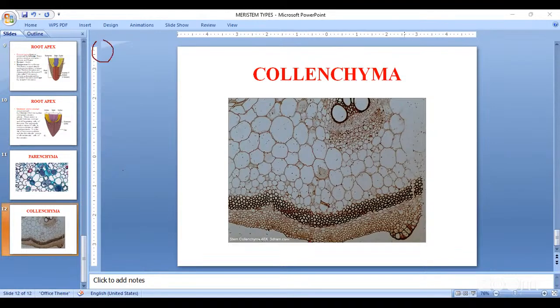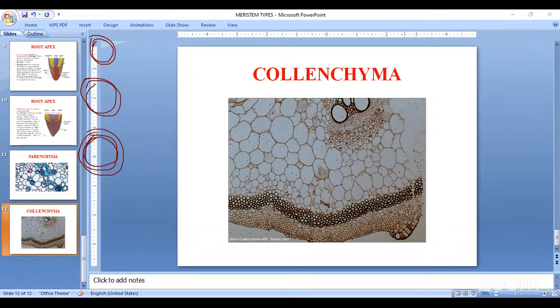Parenchyma cells, same. Collenchyma cells, same. Of course both maintain intercellular spaces, but the main difference is the chemical composition. Sclerenchyma is also similar, but in sclerenchyma cells, apart from the primary cell wall, a secondary cell wall is also present.